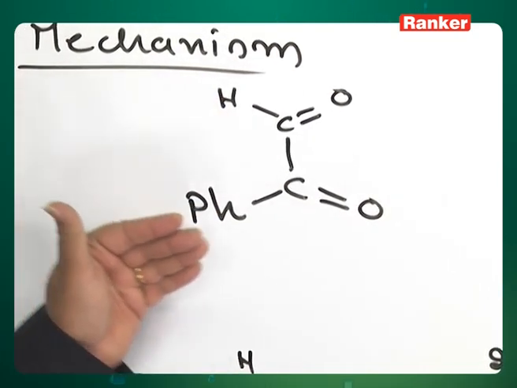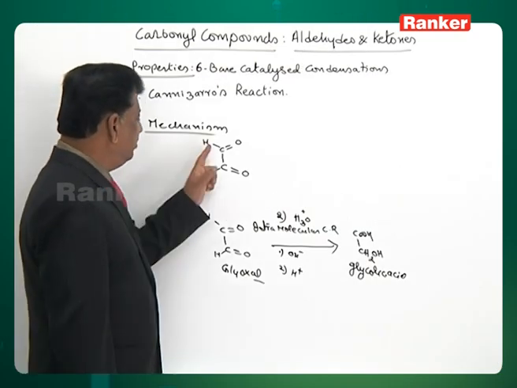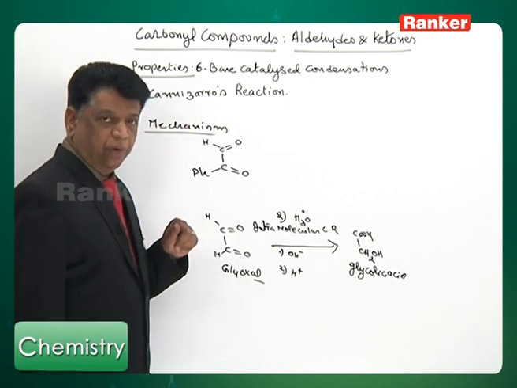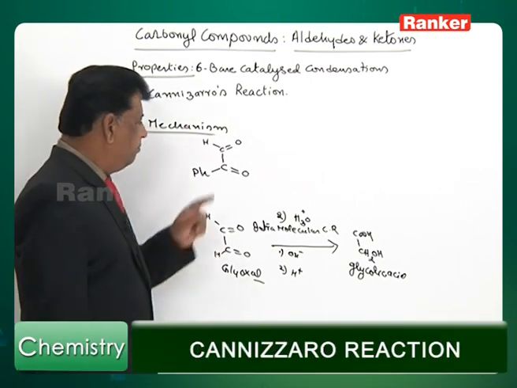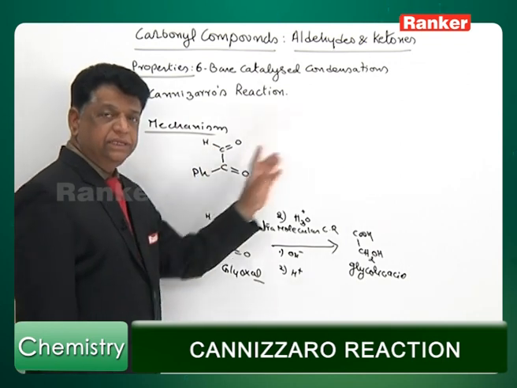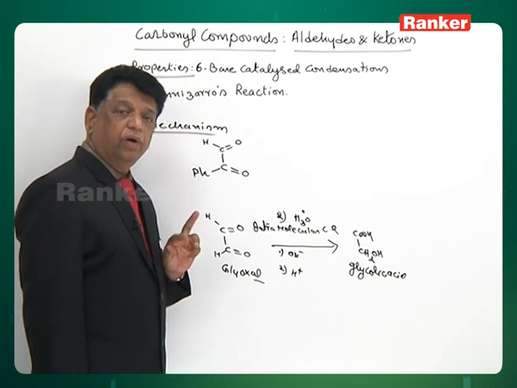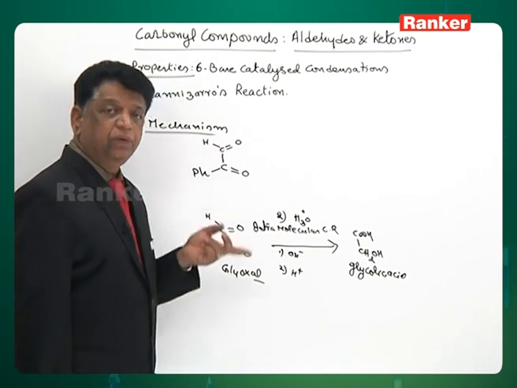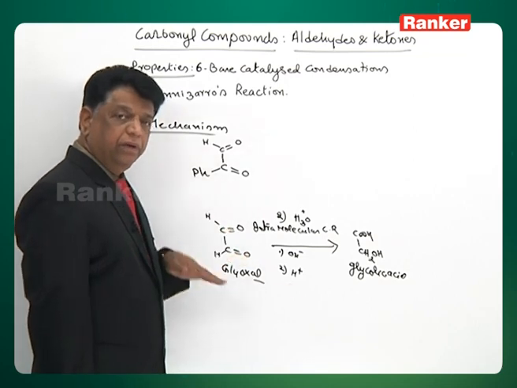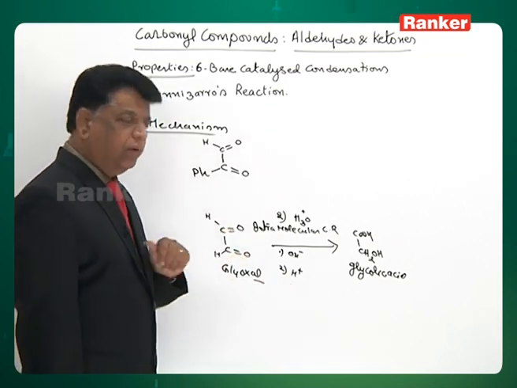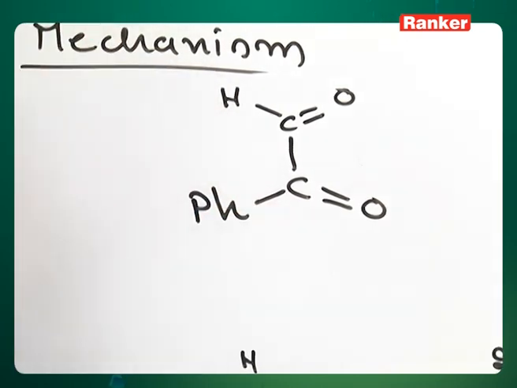So, once again it is eligible for the Cannizzaro reaction, but one is aldehyde, the other one is ketone. As per the rule, ketones will not participate, but when the aldehyde undergoes oxidation, the ketone undergoes reduction. I said ketones undergoing oxidation is difficult, that is why ketones will not participate, but here the ketone participates and becomes alcohol, no problem. So, this part will undergo reduction, this part will undergo oxidation.